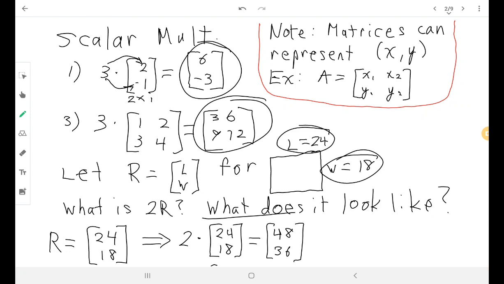And then the second question is, what does that look like? Okay, so what sort of a rectangle would you get when doing that? Well, you've got a new length here and a new width here. So it would be the same rectangle, except for the scale factor would be different. Now the length is going to be 48 and the width is going to be 36.